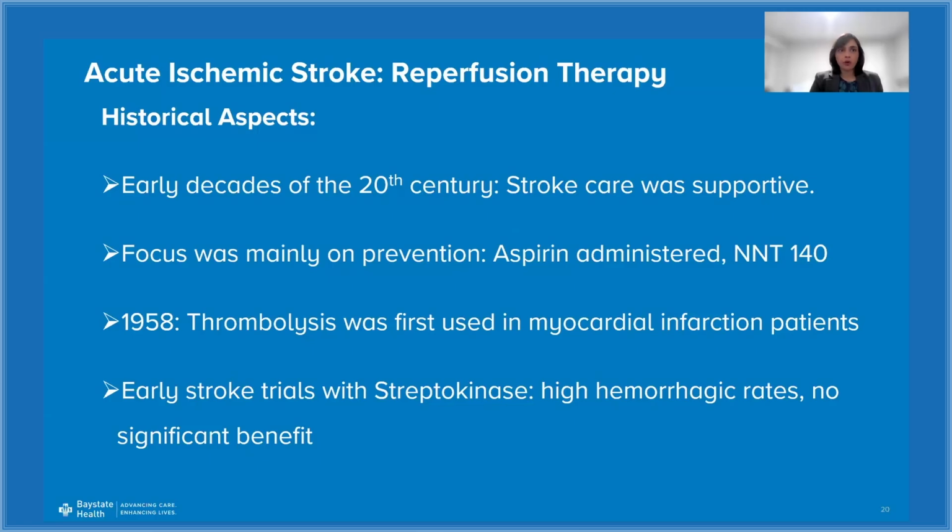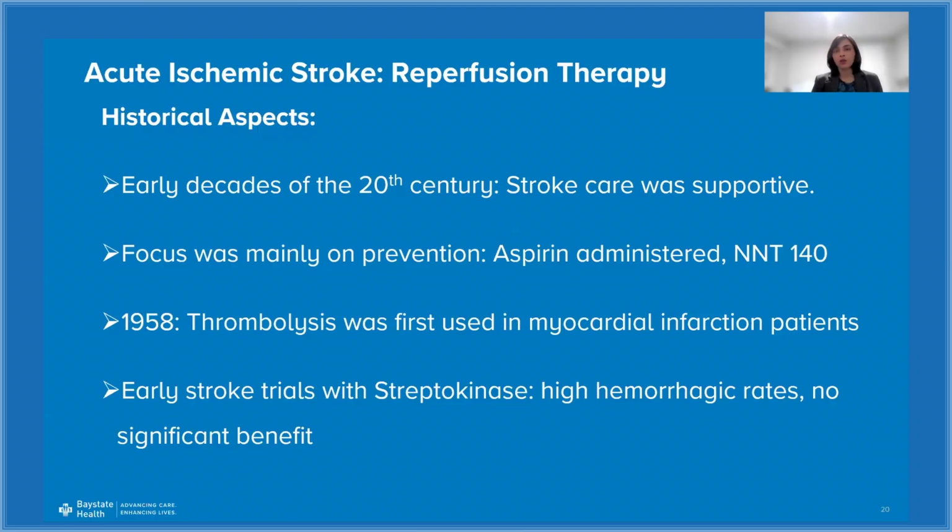So going into the historical aspects. In the early decades of the 20th century, stroke care was mainly supportive. We didn't have any kind of acute interventions. Focus was just to take care of the patient, maybe pray and hope for the best.